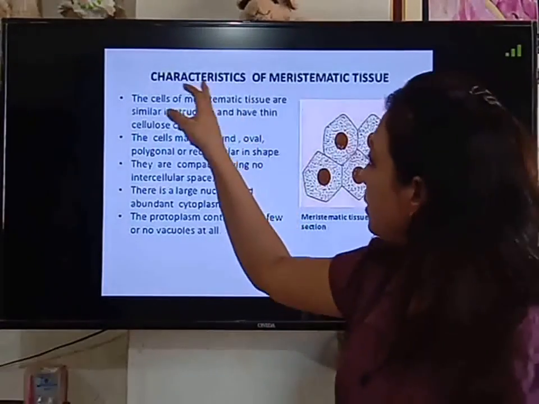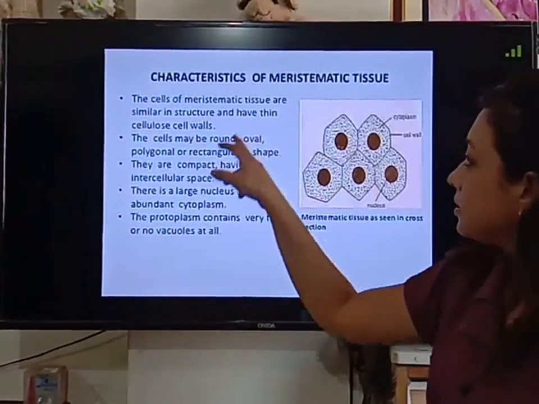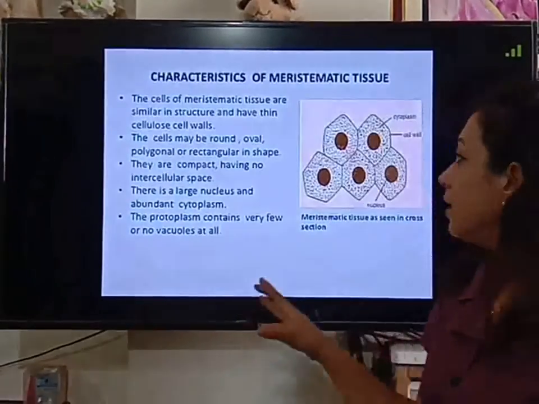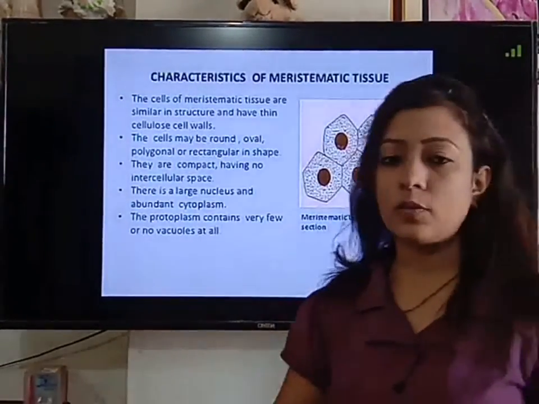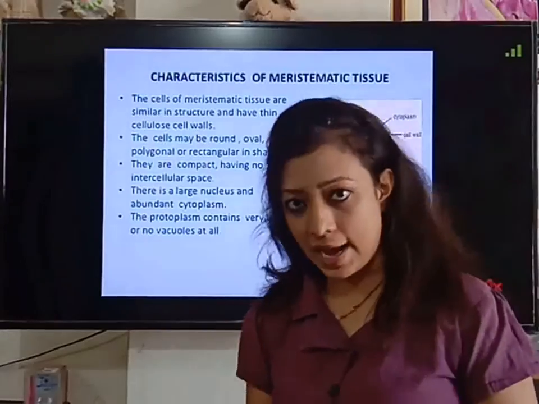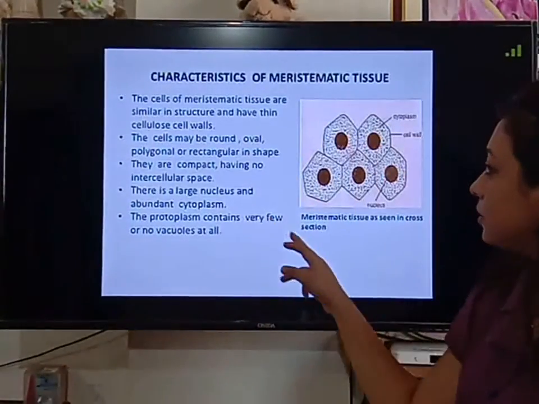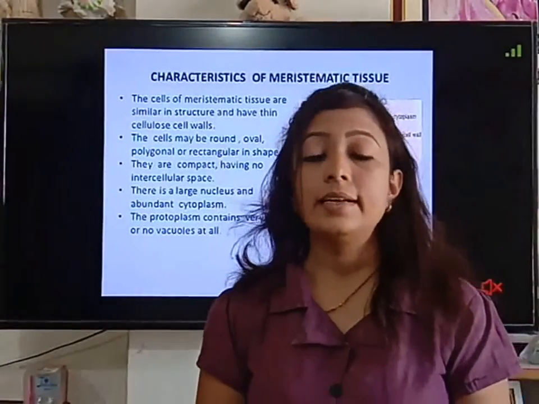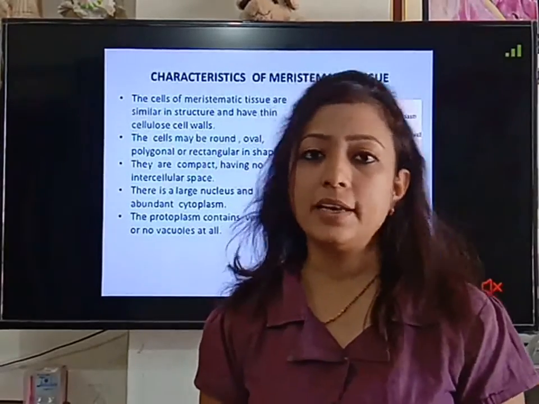So children, here are the characteristics of the meristematic tissues, and here is an idea of how these cells of the meristematic tissue will look like. So you can follow this slide, children, for understanding the characteristics of meristematic tissue.